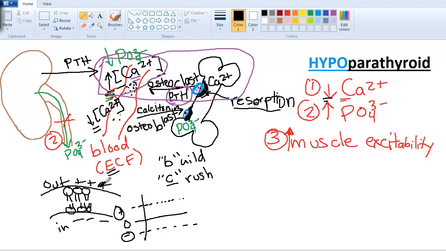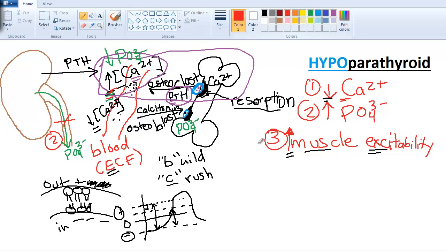So we're going to get rid of some of these positive charges, so we're not as positive anymore. We actually go down now. So we're actually here. Before we had a large difference, now we have a smaller difference. So it's much easier now to reach that threshold and generate that action potential. So in other words, it's easier to excite the muscles.